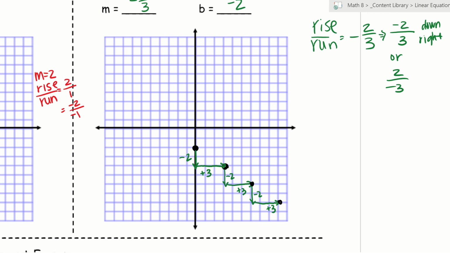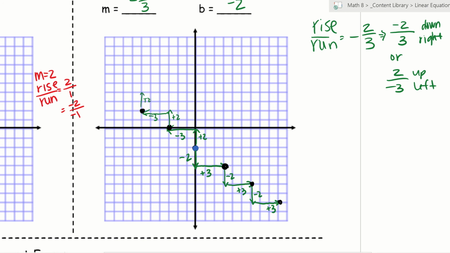Let's go back to my y-intercept. This is my y-intercept right here. Okay, now I can go up 2 and then to the left 3. Up 2 and to the left 3. Up 2 and to the left 3.